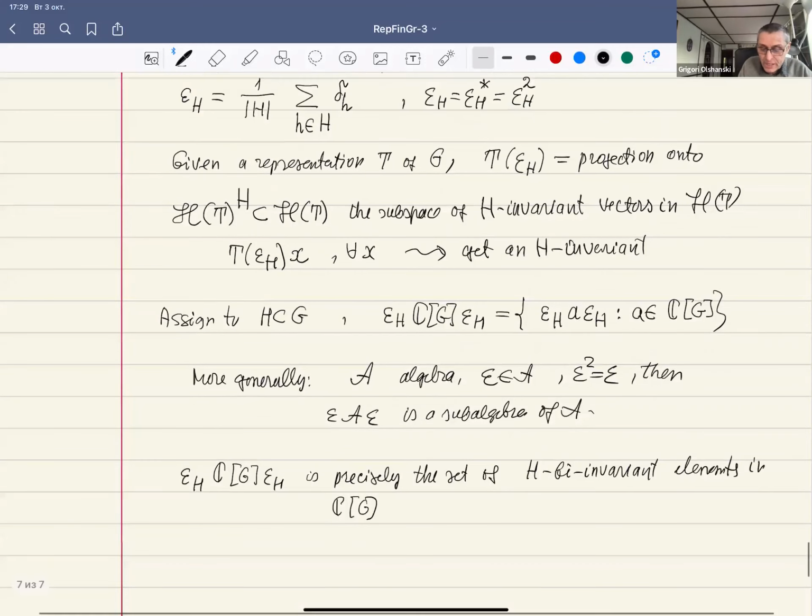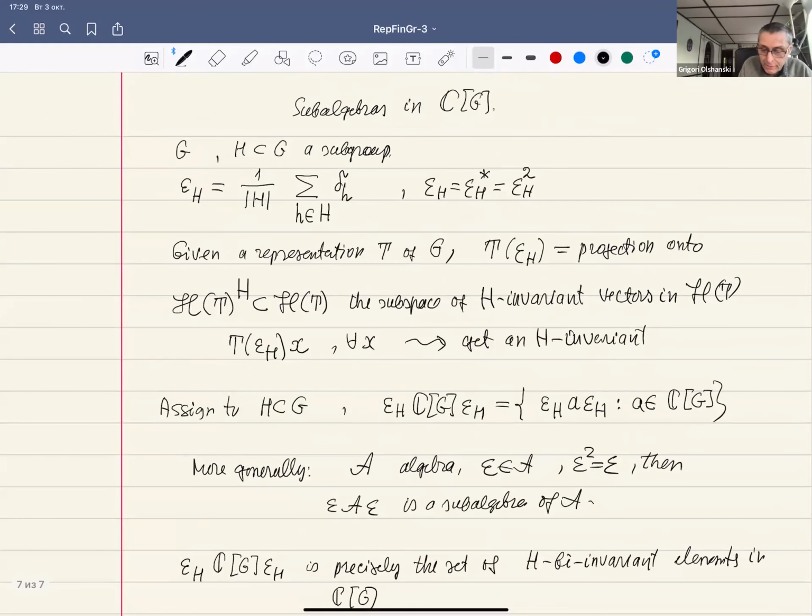This is an averaging operation, look at this. Once we take the product, the convolution, with this element on the right, we get a right invariant function.